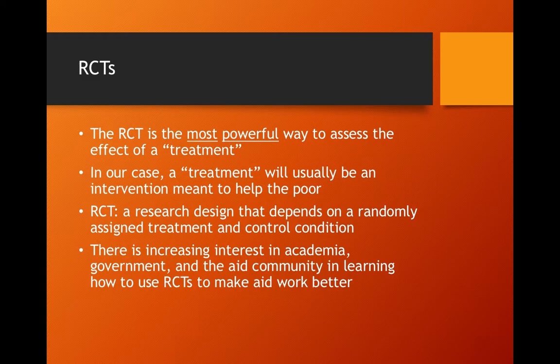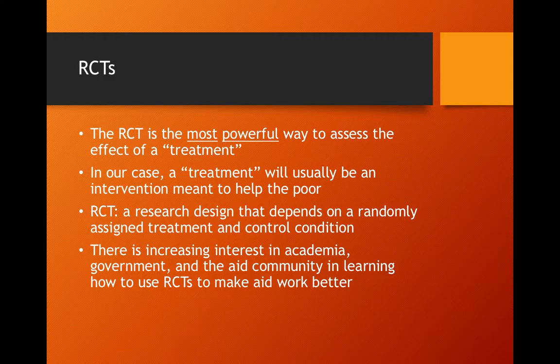So why do we do it this way? Well, because if we're not randomly assigning these interventions, it's actually hard to measure the effects of these interventions. So this is a really important idea, so I'm going to go into some detail here. So let's take the example of a different kind of intervention in the US.